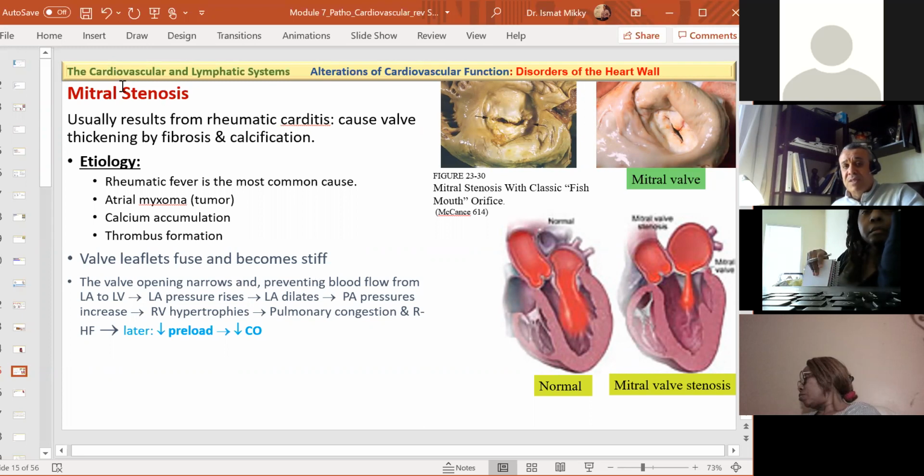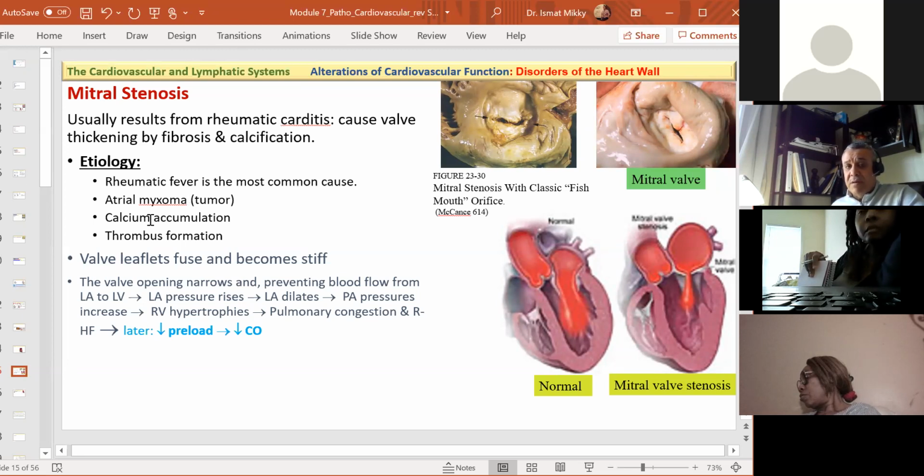Mitral valve stenosis, we said, takes place, or is more significant, during the diastolic phase of the left ventricle. It's supposed to be wide open during the filling phase, diastole, but it's stenosed. So the blood will get through to the left ventricle with difficulty, and patients who develop this, due to rheumatic fever, that's the most common cause. Atrial myxoma, which is a tumor, affects the atria.